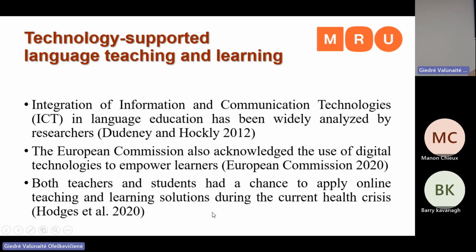And also the COVID crisis, the health crisis, of course, resorted everyone, teachers and learners, to high technologies to try to continue with the function of teaching and learning.